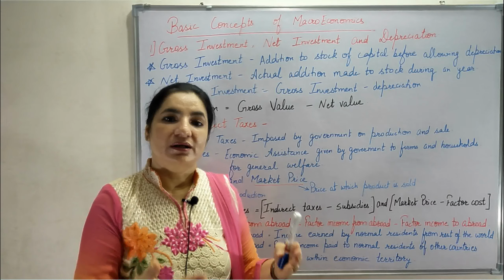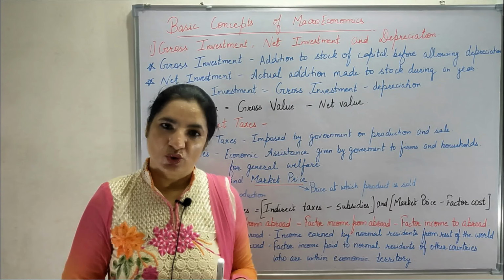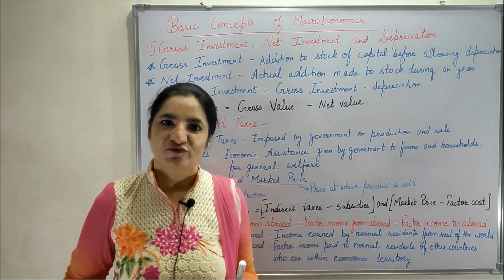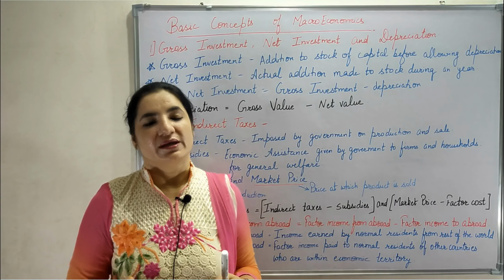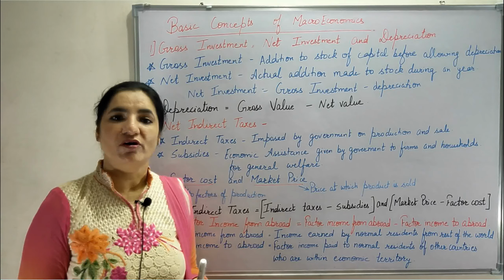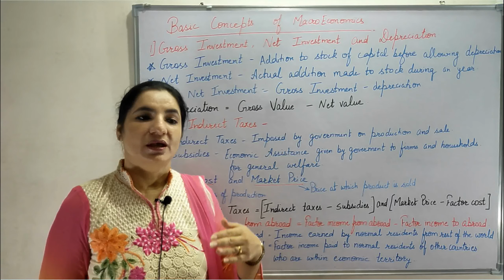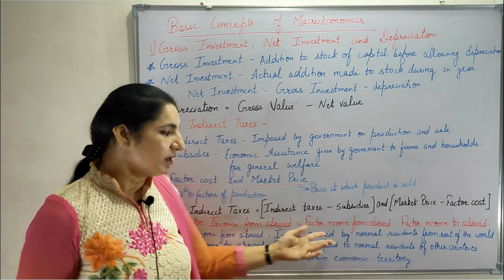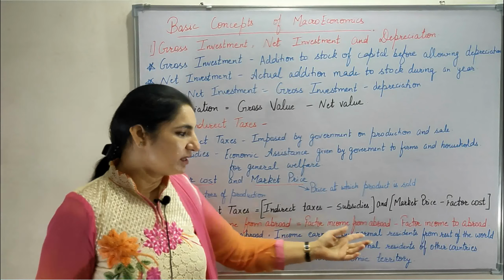So, definitely the income is also coming inside, that is there is inflow of income, same way there is outflow of income. When inflow of income is there, it means the income earned by normal residents from rest of the world, that income is ultimately coming to our country.